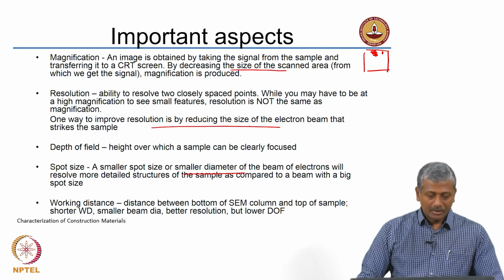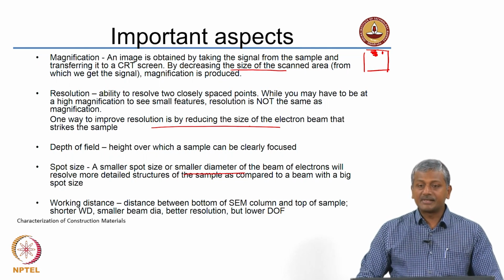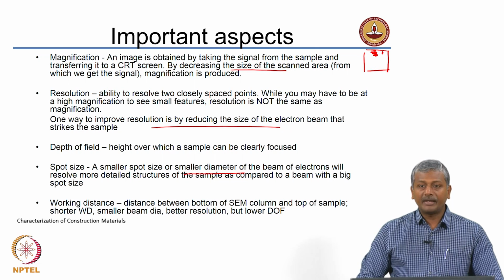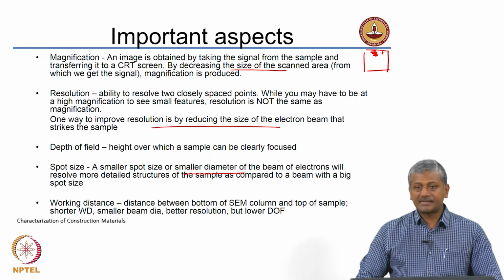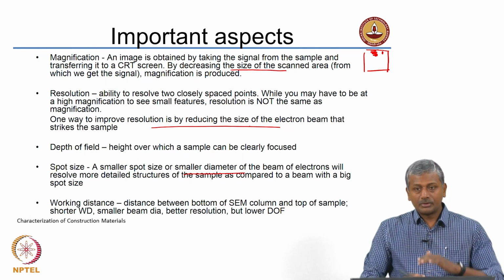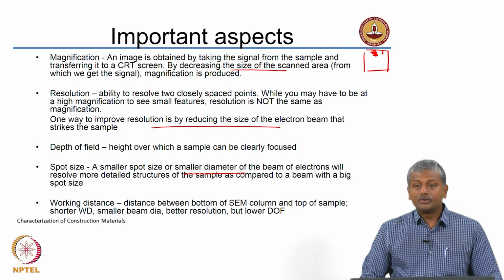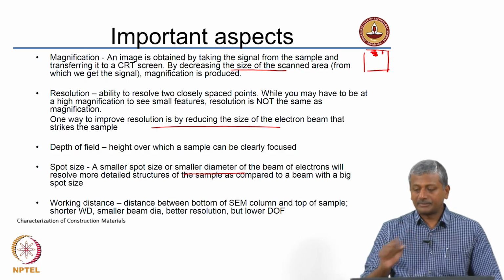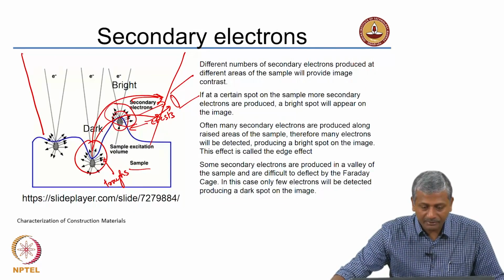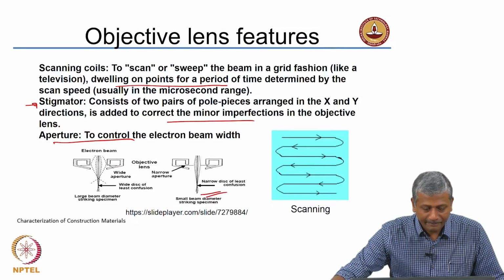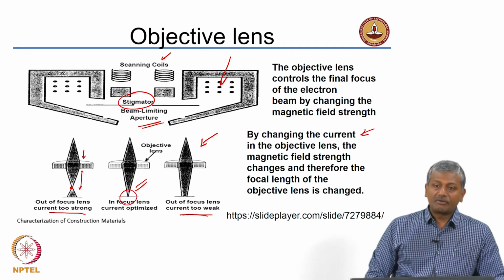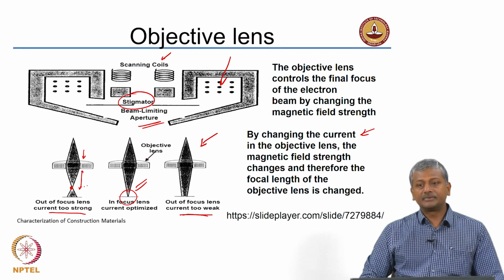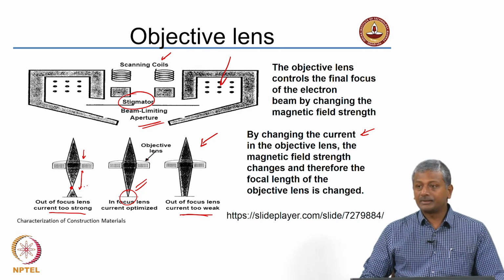Working distance is the distance between the bottom of the SEM column and the top of the sample. As I said, when you have short working distances, you can get better resolution, but lower depth of field. Again, coming back to this fact, if you have a shorter working distance, you have a stronger current that is hitting the sample.